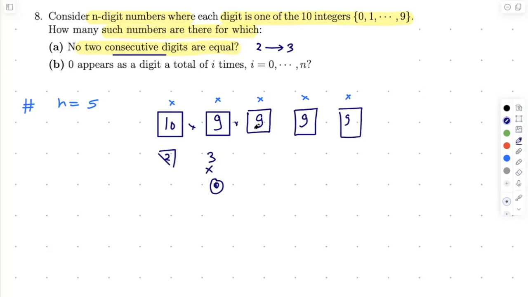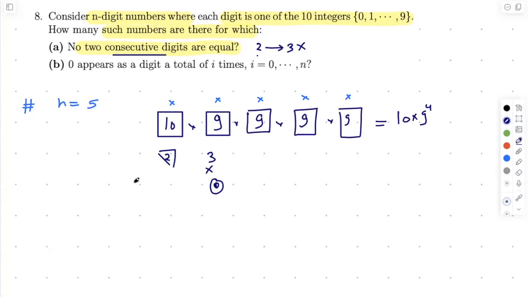So the total possibilities are 10 multiplied by 9 to the power 4. Consecutive stands for, if 2 is there, the next term should not be 2. This is what I have assumed.